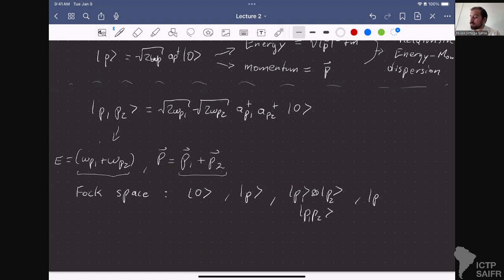You have the three particle states, and so on and so forth. So now our Hilbert space, as you might imagine, is infinite dimensional, and it corresponds to different sectors where you have different numbers of particles. And since this is a free theory, the different sectors do not really talk to each other.